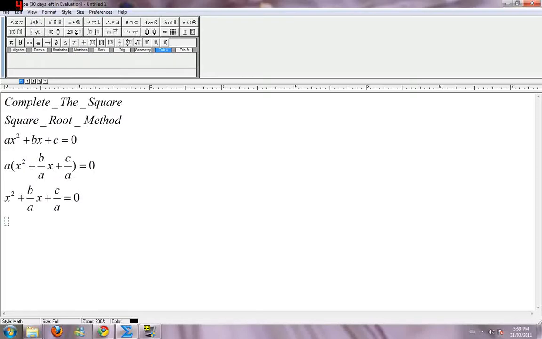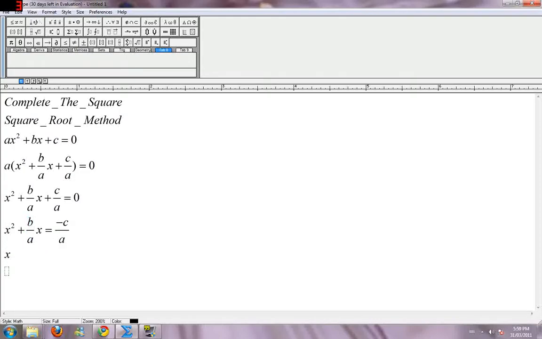So now we have this, and what we want to do next is move this c to the other side. So we do that, and we have x squared plus b over a times x is equal to negative c over a. The next step is we want to take half of this and square it.